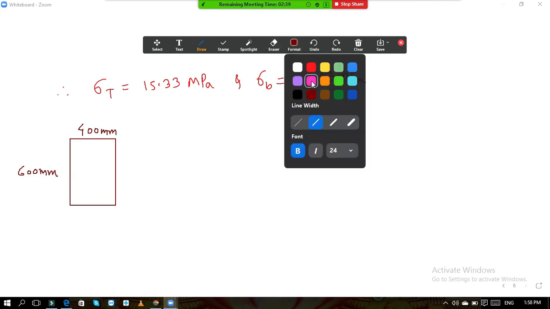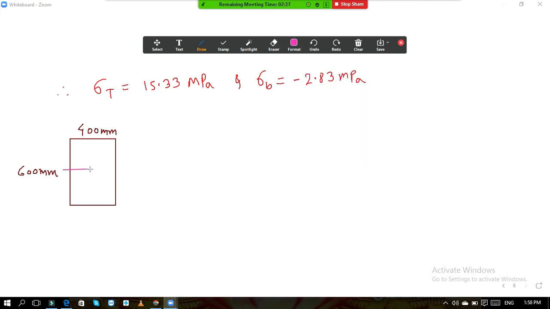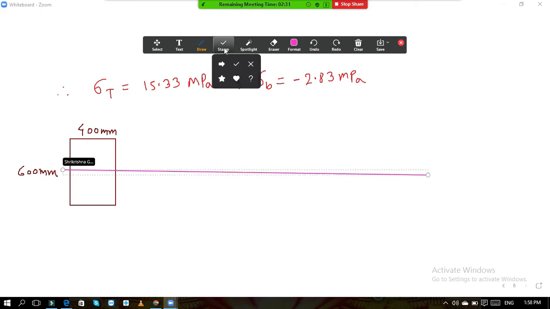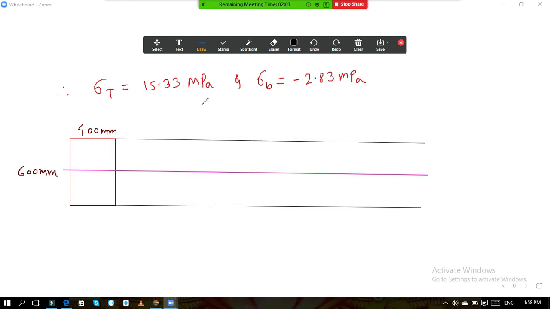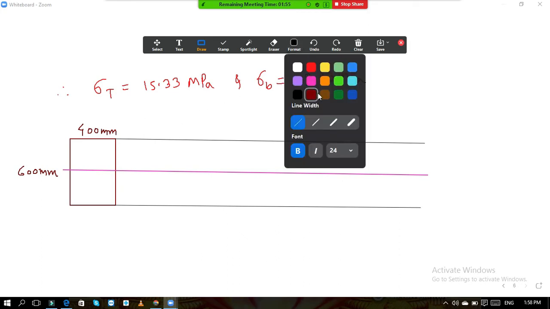Then we will draw the neutral axis. This is the neutral axis. Then we will take the reference lines. Now our first stress is direct stress, that is C by A. Direct stress is always positive, so we will draw the diagram of direct stress.